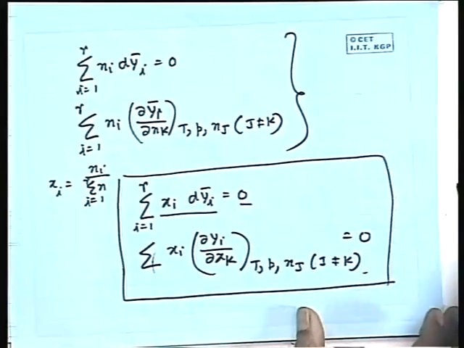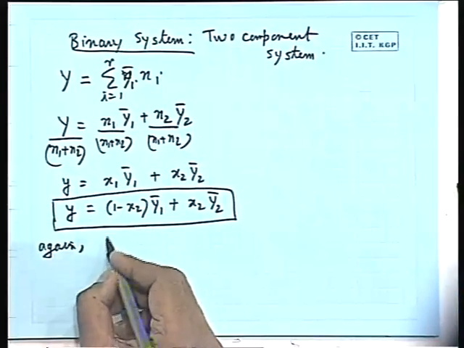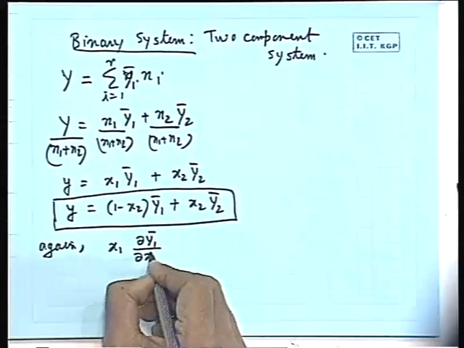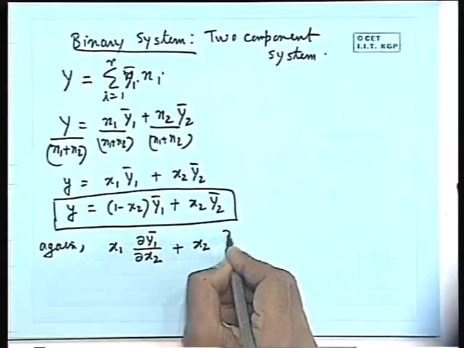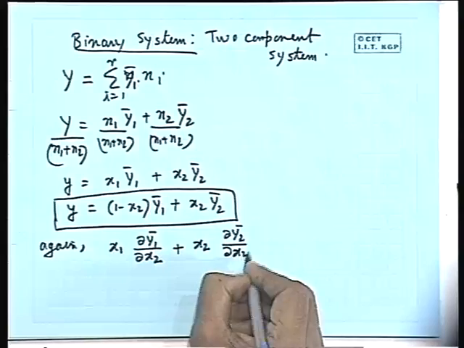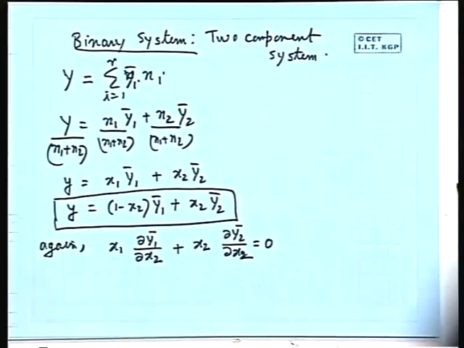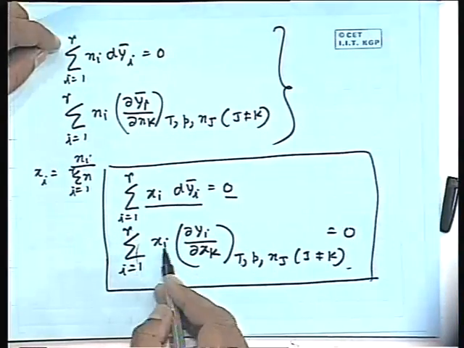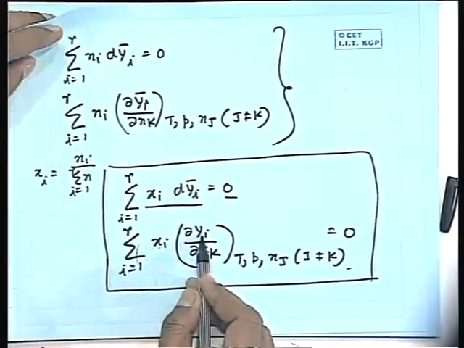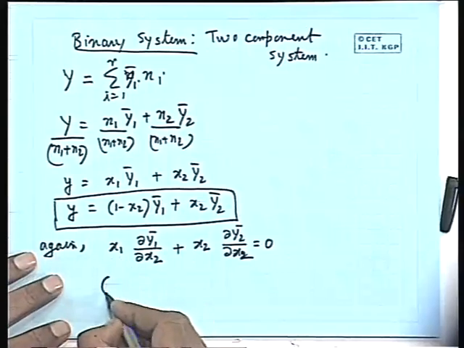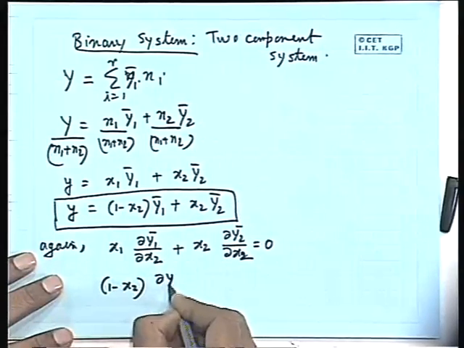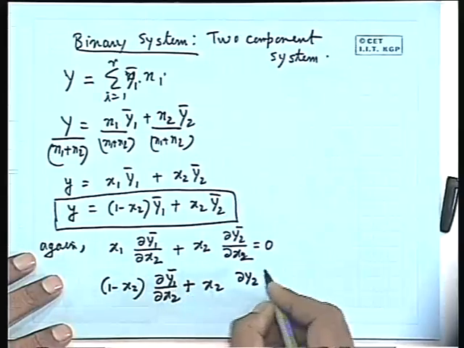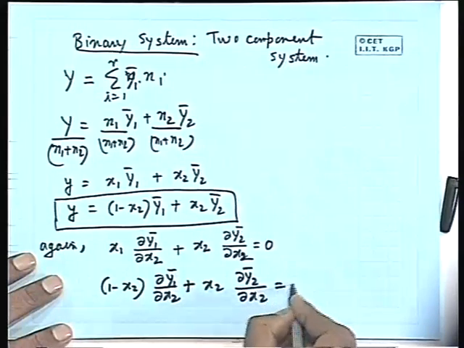If you remember this expression and use it for this multicomponent system, with k as 2, we can write for a two component system: x1 del Y1 bar del x2 plus x2 del Y2 bar del x2 is equal to 0. So in place of x1 I write 1 minus x2.